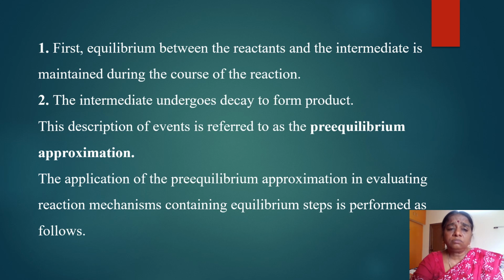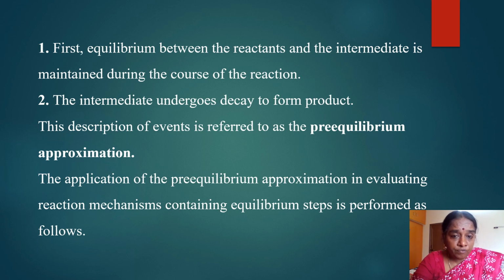That is, after the equilibrium exists, there is a time lag during which the first step may give the intermediate, and that intermediate may decompose to give the reactants again. Whereas in the second step, the intermediate undergoes decay to form product.